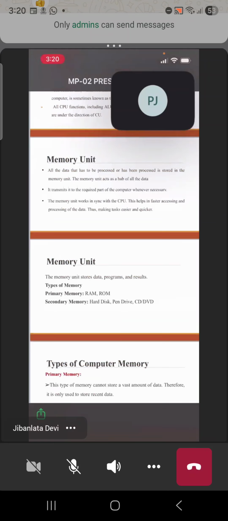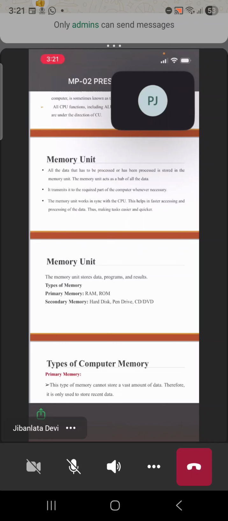Then again we have the memory unit. All the data that has to be processed or has been processed is stored in the memory unit, and it acts as a hub of the data.